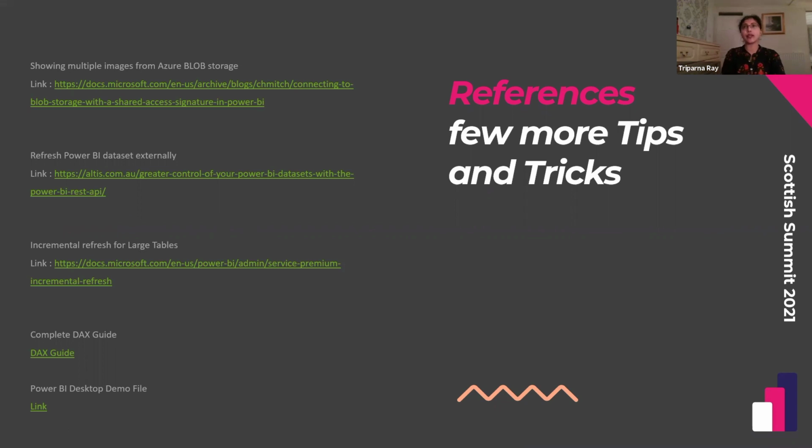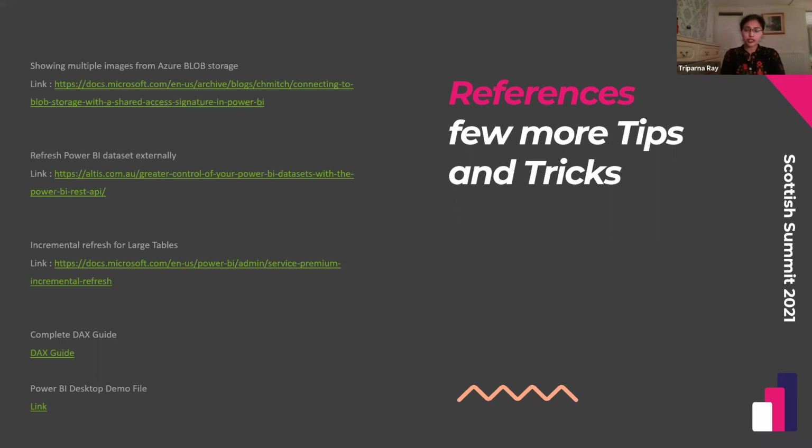So for example, we have some fact tables, and in these fact tables we don't want to refresh the entire data at any point of time. We can't afford to. So we just need to get the latest data which is coming through. This is completely out of the box in Power BI with some clicks.